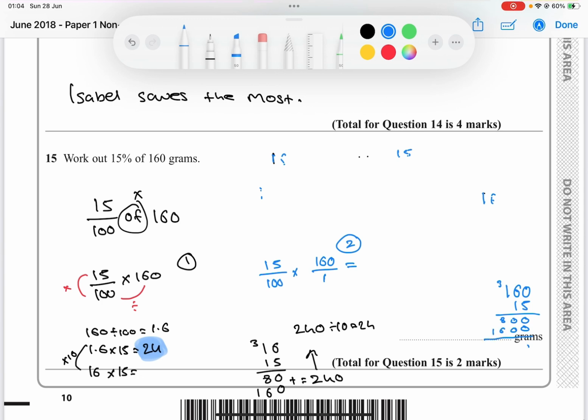Add these together and you get 0, 0. 8 plus 6 is 14, so you got 4 there. And that's 2, there we go, okay?